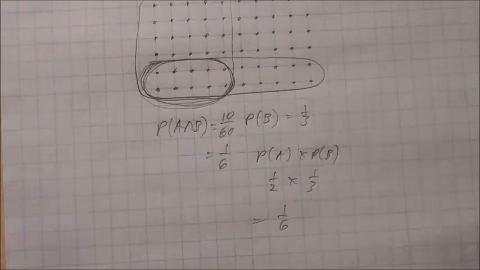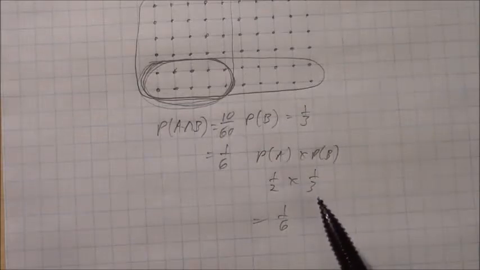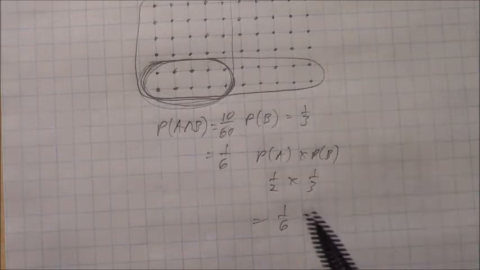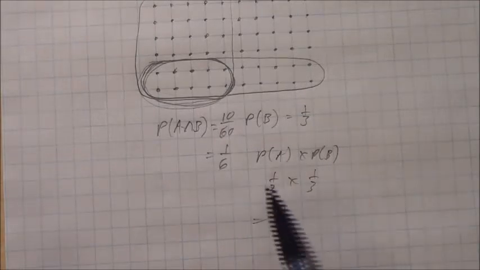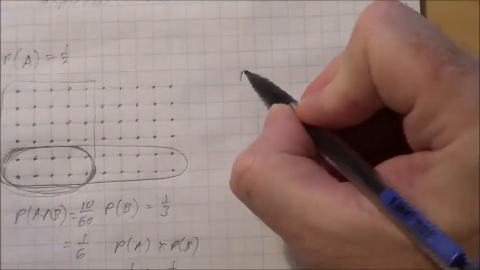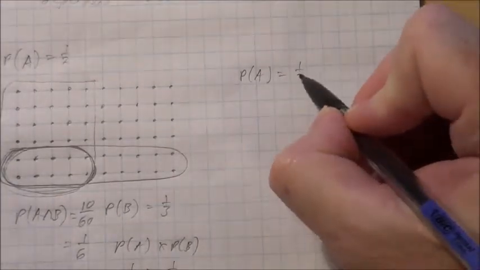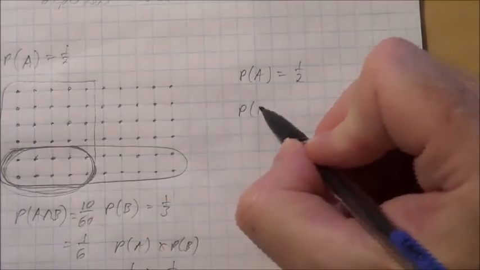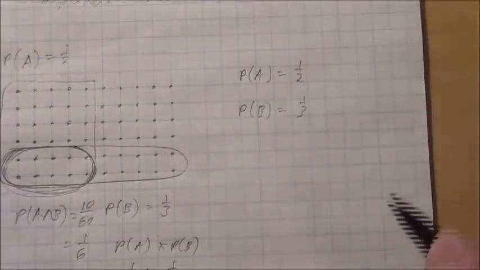Okay, so whether it's independent or dependent, the probability that the events occur at the same time is calculated by multiplying the probabilities together. Another way of looking at it is, suppose event A occurs half of the time and event B occurs 1/3 of the time.